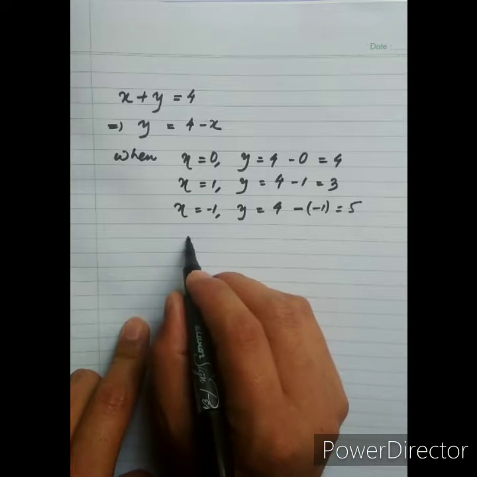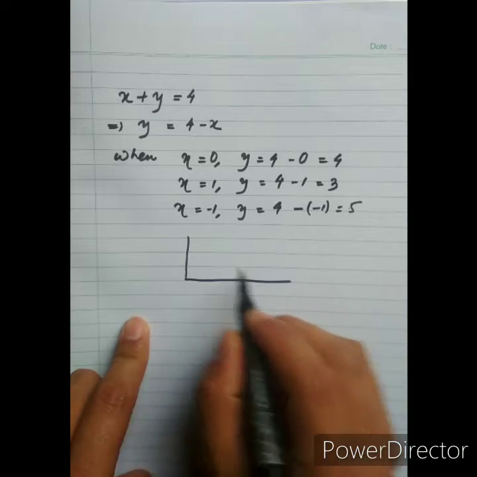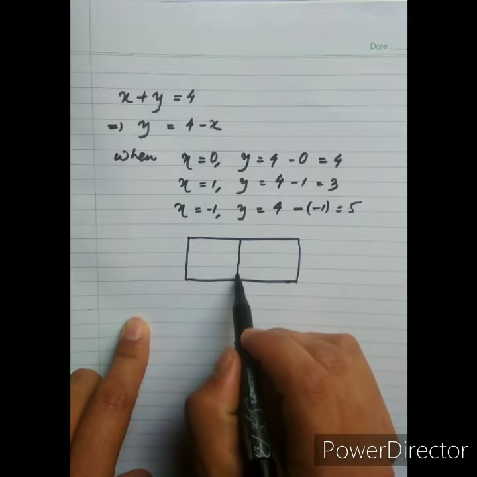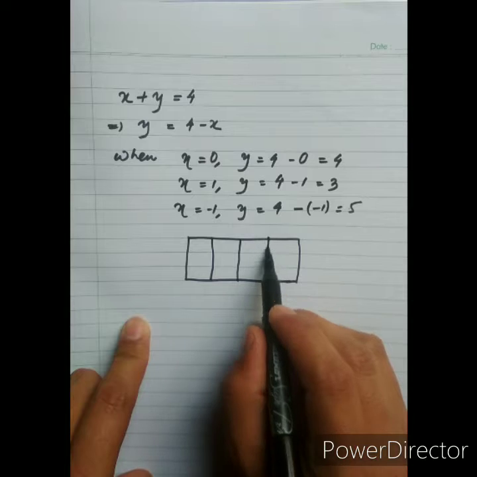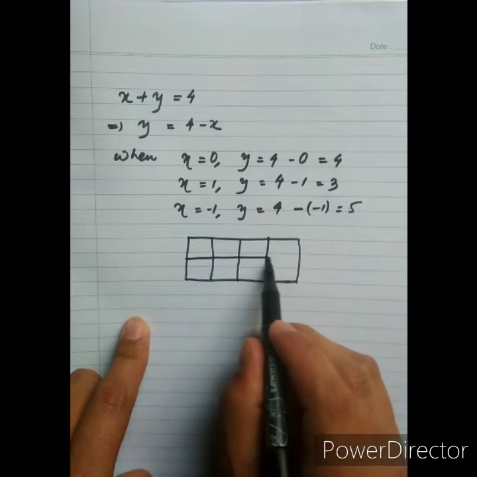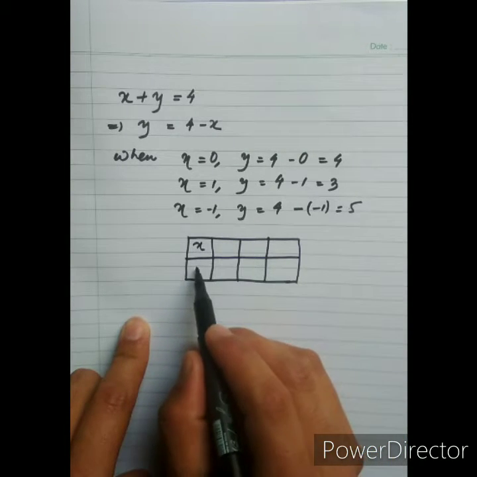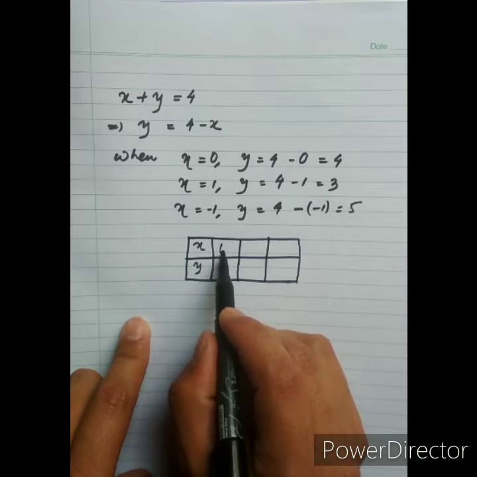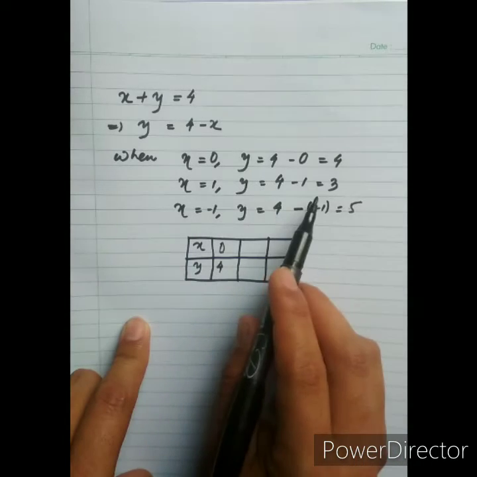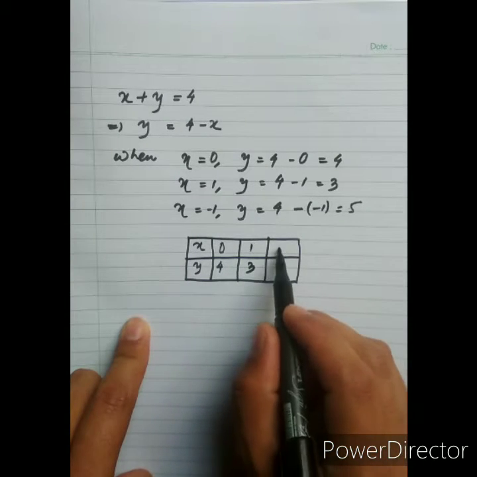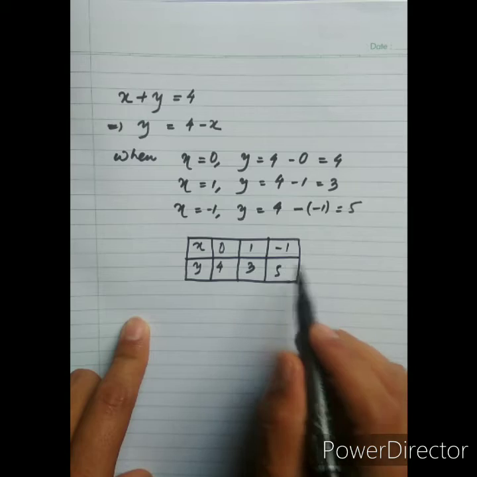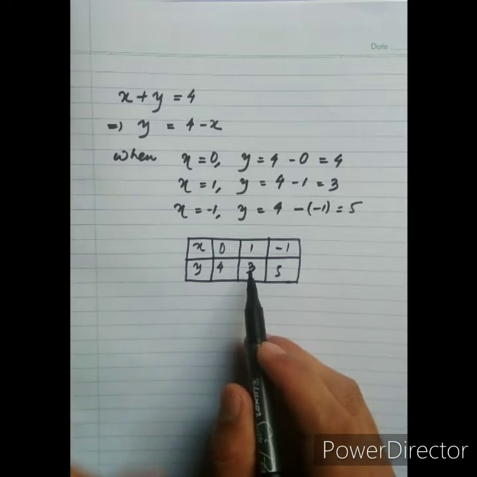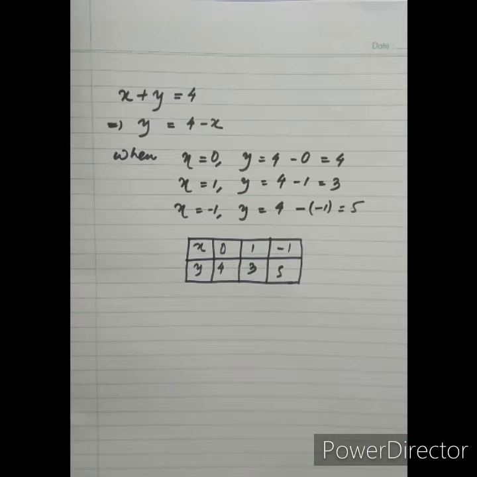So directly on the table we'll write like this: x 0, y 4; x 1, y 3; x minus 1, y 5. These ordered pairs, these points, will be plotted on the graph paper.